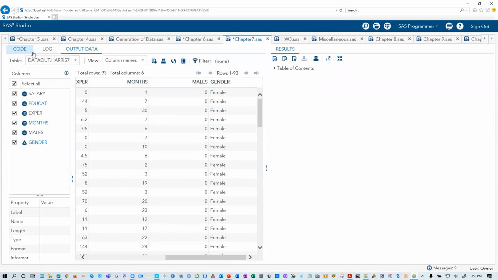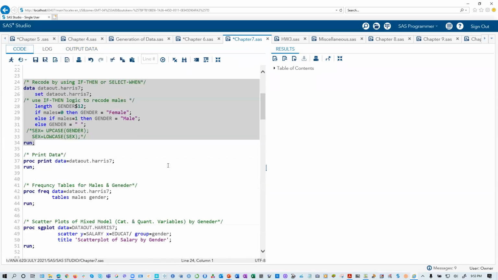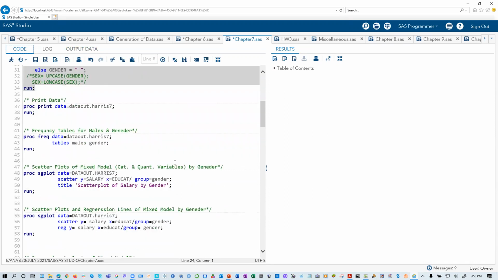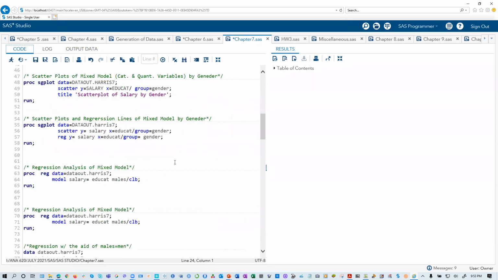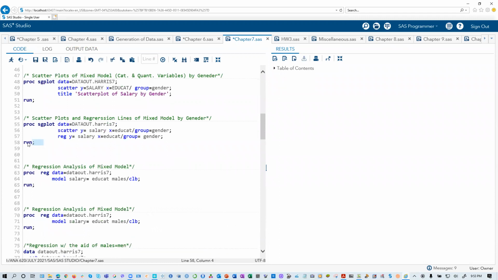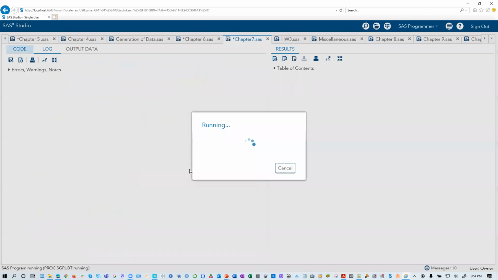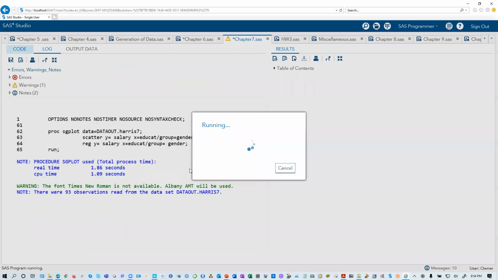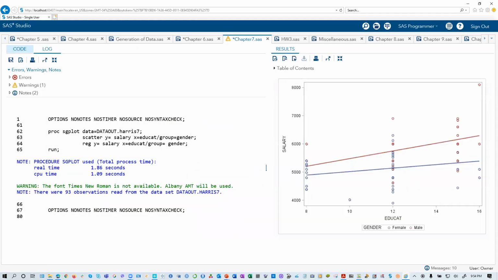Get the new gender variable, that's okay. Then what we did was draw this scatter plot with regression by gender.